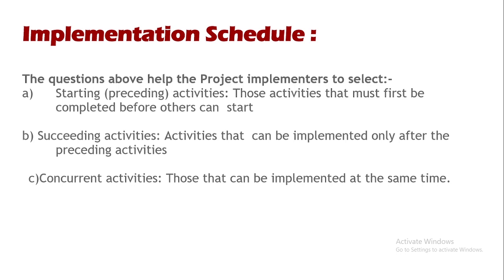Then concurrent activities, as I said earlier, are those that can be implemented at the same time. So let's say you have a training of the participants, the district officials, schools, head teachers, community members in the different districts, like 3 districts of Uganda, let's say Kampala, Wakiso, and Busoga.